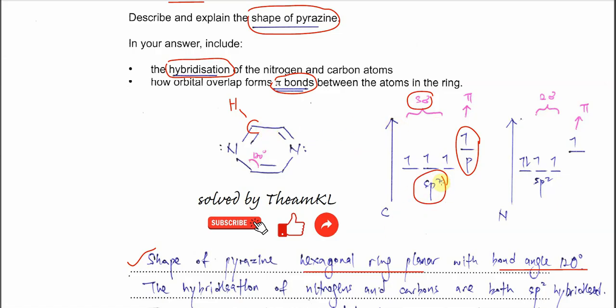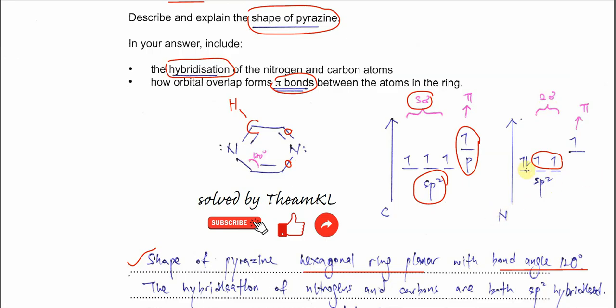For the nitrogen, let's see how many bonds are formed. Nitrogen forms 2 sigma bonds and 1 pi bond. So we know that the hybridization of nitrogen is sp2. Why? Because it just needs 2 unpaired electrons in the hybrid orbitals to form the 2 sigma bonds, as I told you just now. And because nitrogen is group 15, there are 5 valence electrons.